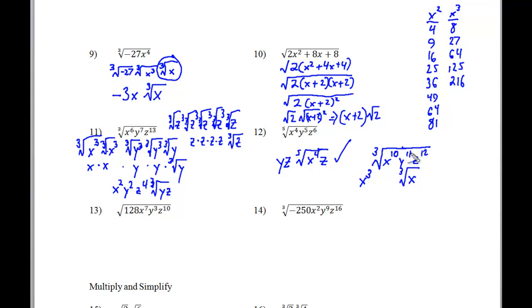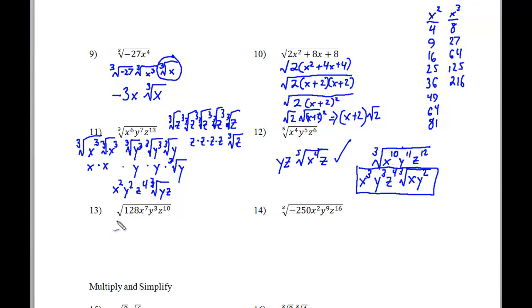If I go y, 11 divided by 3, that would leave me with 3 that gets out, but I'd have 2 left over. And the 12 would be 4 z's that get out, because 12 divided by 3 is 4, with none left over. So my answer would be x cubed, y cubed, z to the 4th, with the cube root of xy squared. So a way to think of it is to think about your multiples when doing your division work here.